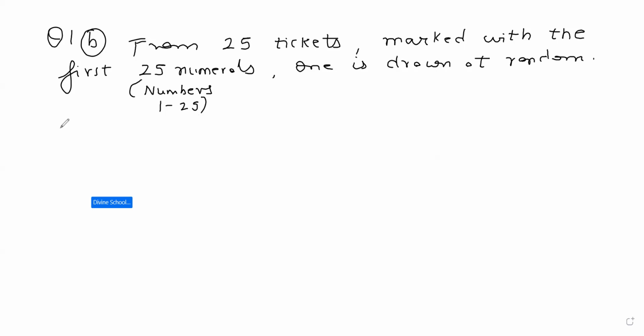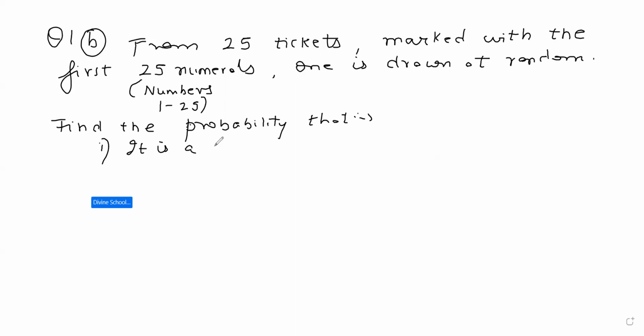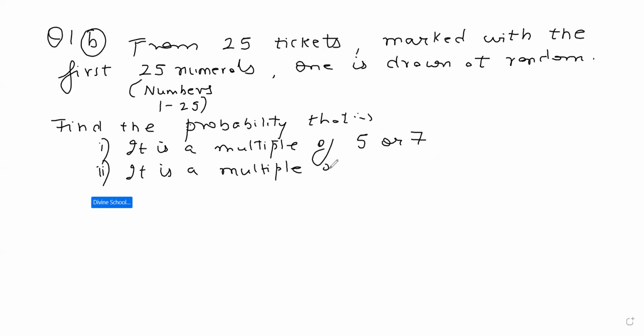The question asks us to find the probability that, part 1, it is a multiple of 5 or 7. Part B asks us to find the probability that it's a multiple of 3 or 7.